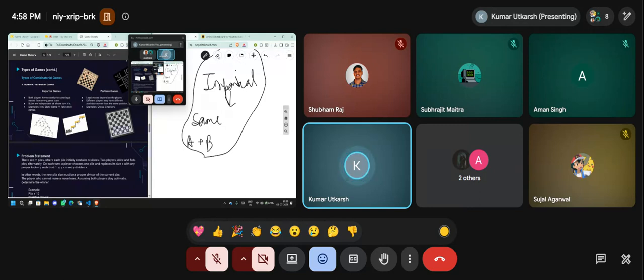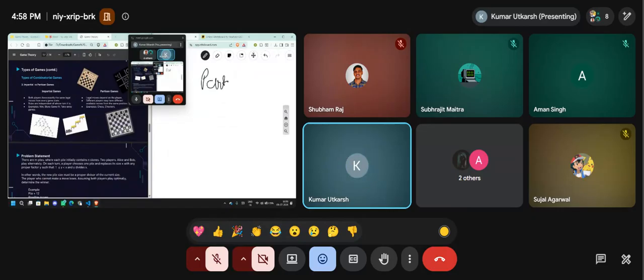And what are partisan games? Partisan games are similar, except that the moves also depend on the position of the players. It's a little bit different.